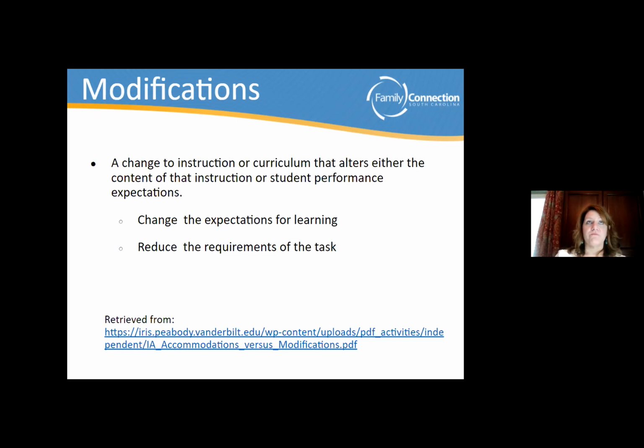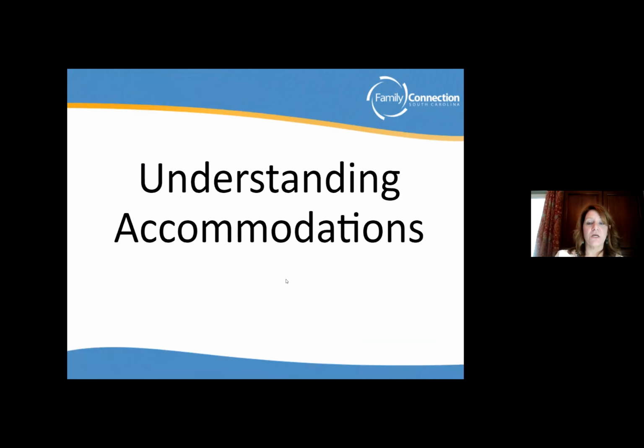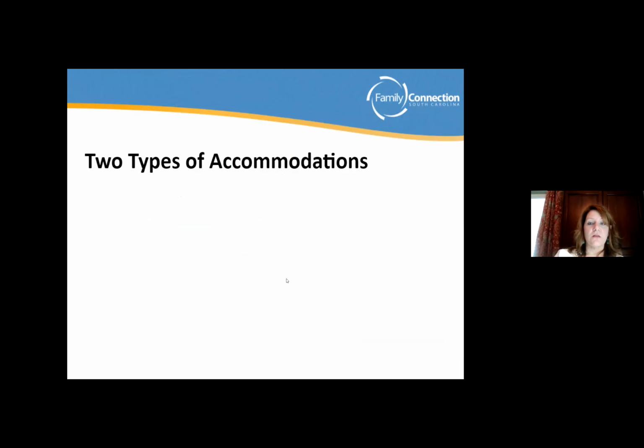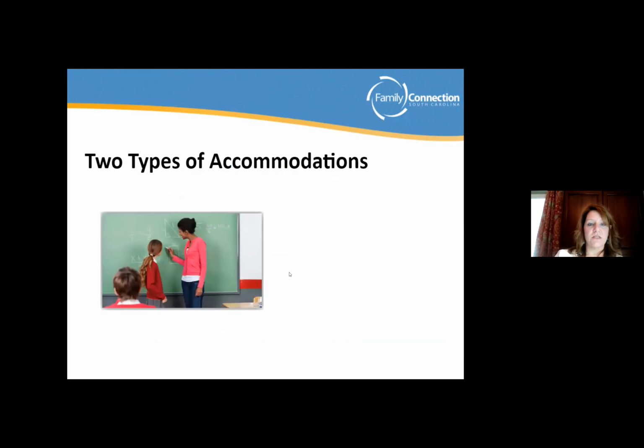So on a spectrum, modifications are more intensive or intrusive or severe than accommodations are, because we're changing that expectation or reducing the requirements of the task. A modification could be things like changing the grade level difficulty of material.